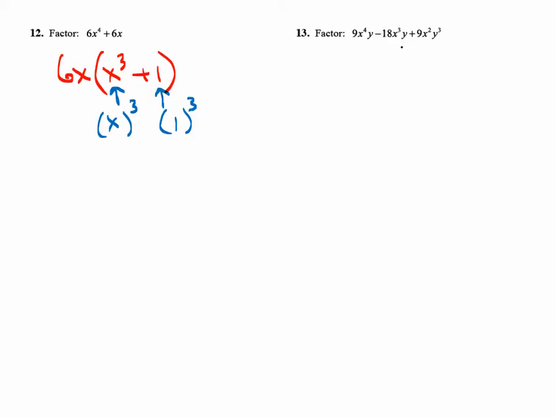So if you haven't memorized that sum of two cubes, probably should put it on a 3x5 card. But the answer should be x plus 1 for the first term. And again, squaring the x, putting a minus sign, multiplying the two terms together, x times 1 is x, and adding whatever this guy is squared, 1 squared is still a 1.